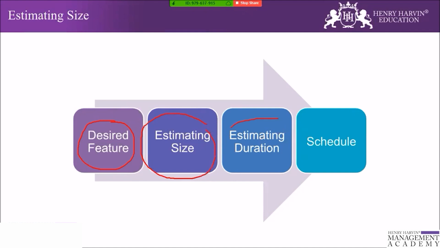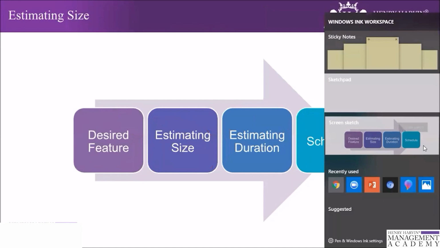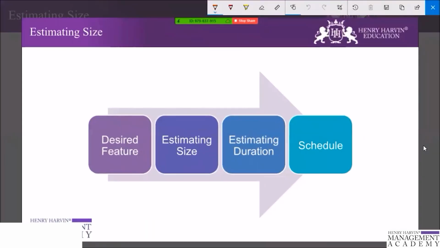We estimate the duration of the feature, and then we define the schedule in the form of iterations. As we learned in the previous lesson, we prioritize the features with the various prioritization techniques, and when we have the desired features, we estimate the size, which we are going to learn in this session.